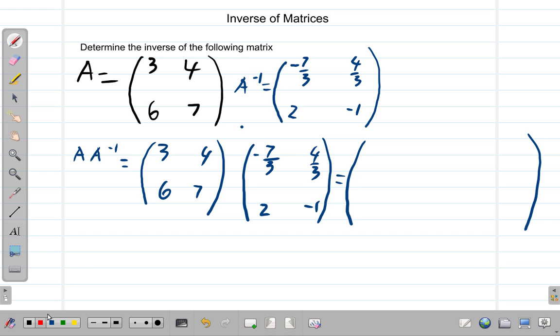Remember now, this answer will be in row 1, column 1, so you must multiply row 1 by column 1. So multiply the first elements. First in row 1 is 3 times first in column 1, -7/3, plus second in row 1, which is 4, times second in column 1, which is 2.